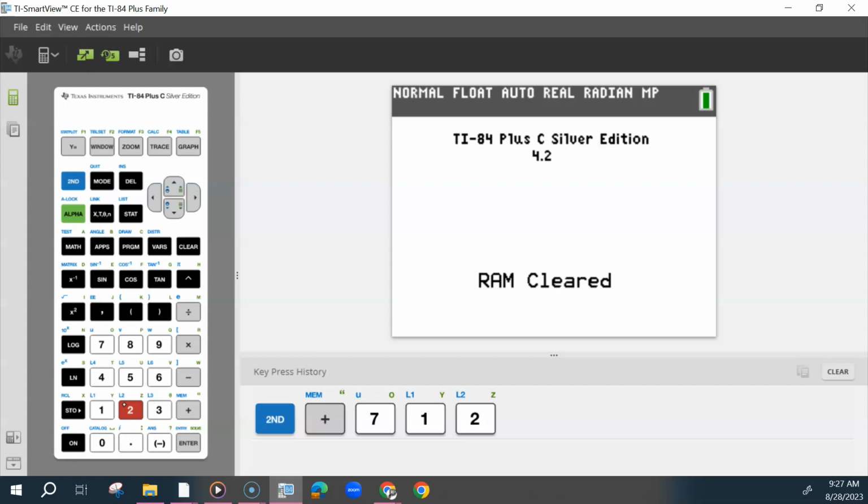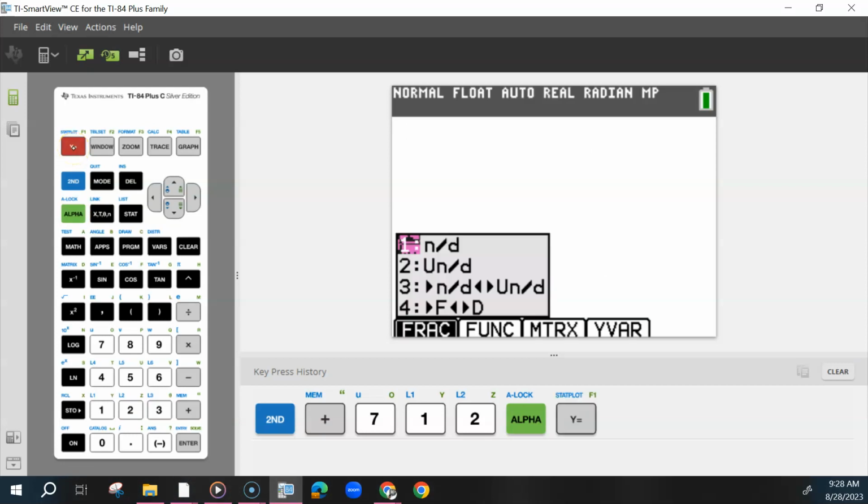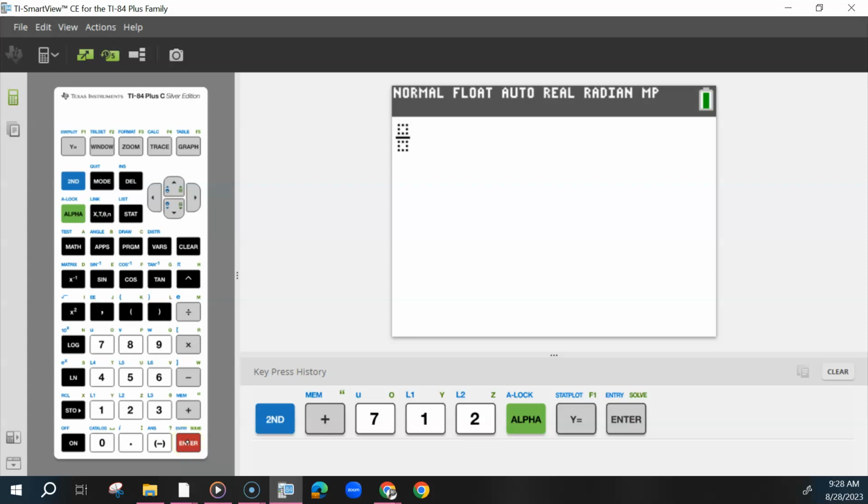Everyone uses the calculators, so you may have other people's math on it, and it may confuse your calculator. Just always reset it. And then you're going to go into alpha, the green button, y equals at the top, and you're going to get a menu that looks like this. You're going to go into the first one, so you can press 1 or you can press enter, doesn't matter. You should get a fraction bar that looks like this. To get the fraction bar: alpha, y equals, and then 1 or enter.